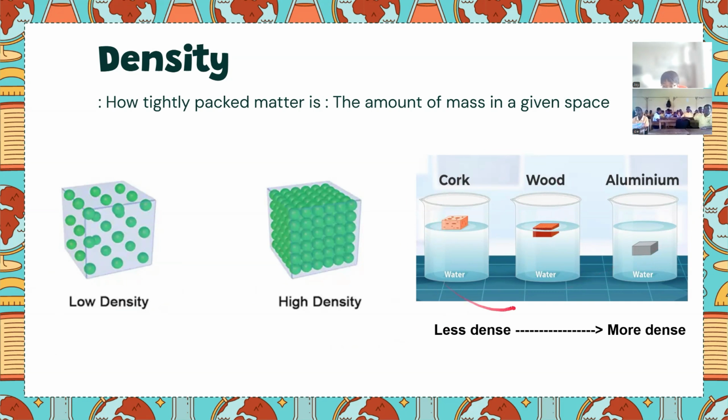And over here, this picture compares the density of water and different types of objects. So cork, you can see, floats on water. It completely floats. So you can tell that cork is less dense than water.